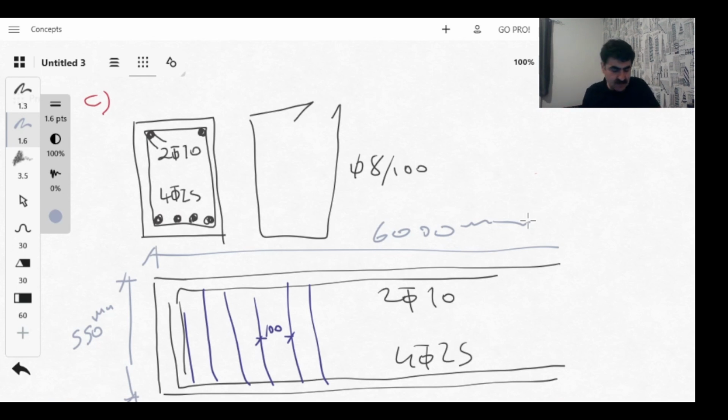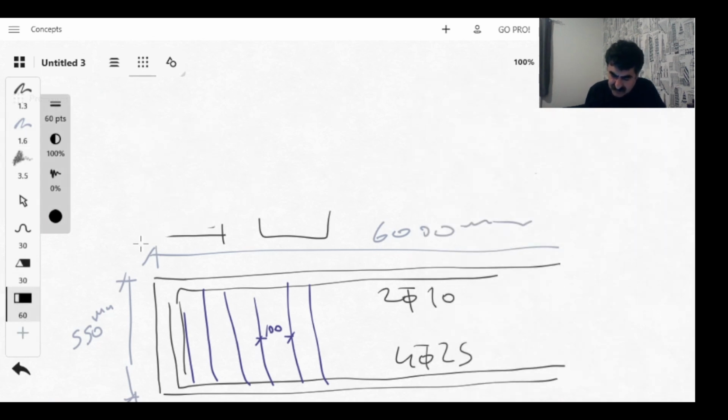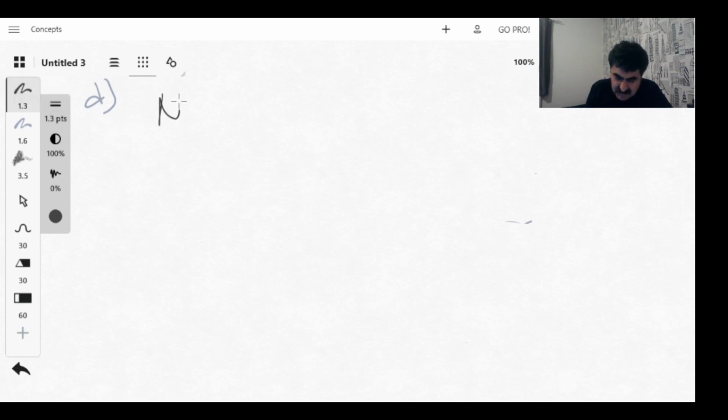Now I am going to just quickly check section D as well. I want to finish it, so let me delete this part. Okay, section D. In section D, what axial force can be carried by the column?